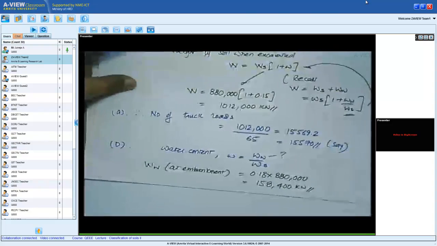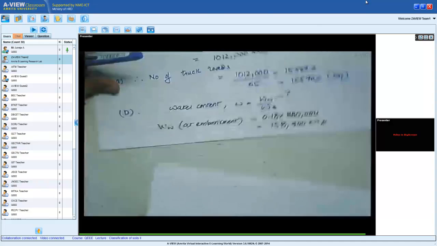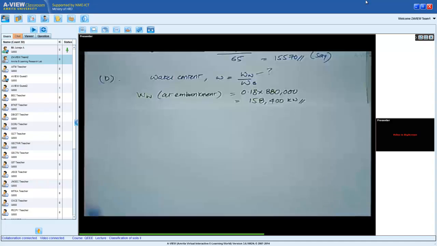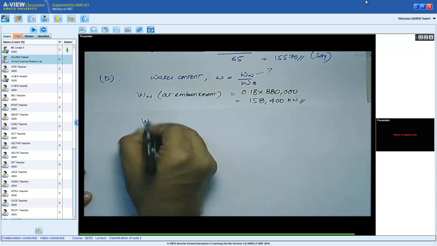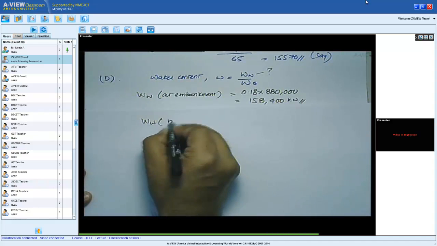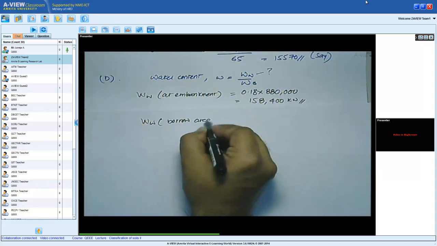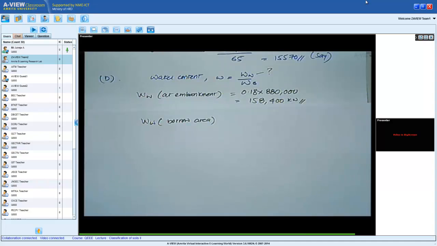Let's look at the weight of water of the borrow area. I'll write the same thing, weight of water, borrow area. Borrow area is the source area.